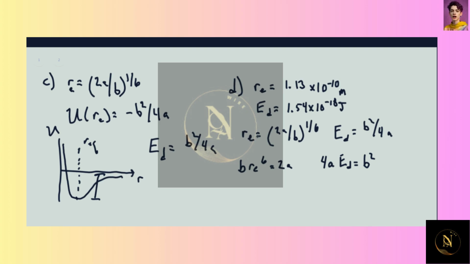And you end up finding that B is equal to 6.41 times 10 to the negative 78 joule meters to the 6th.